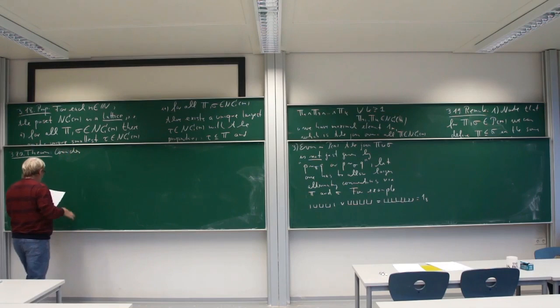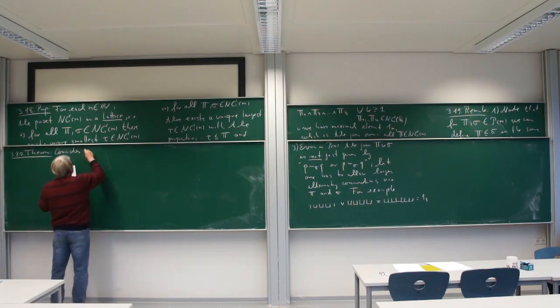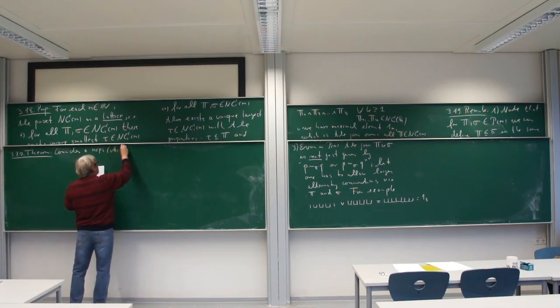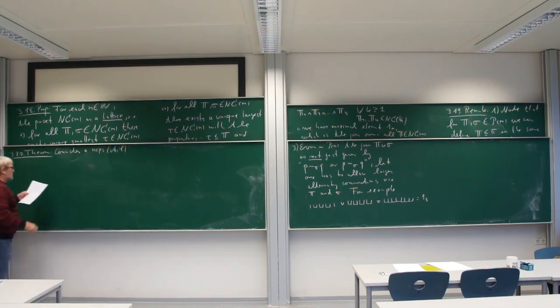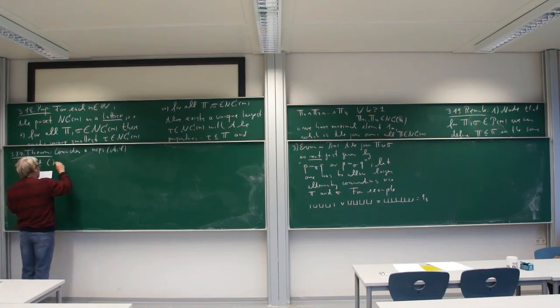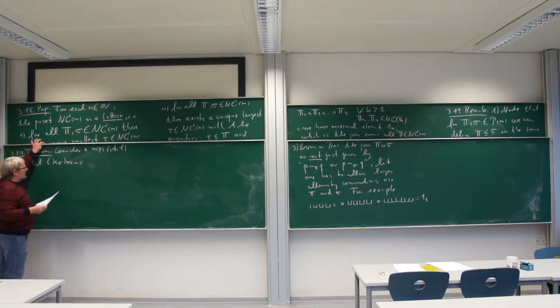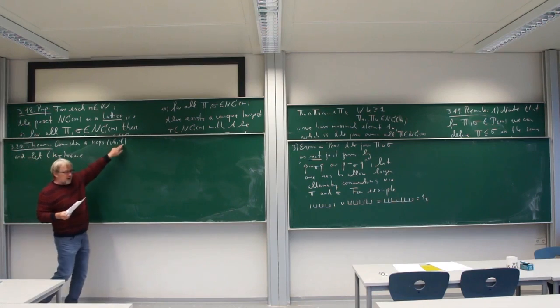Okay, so we consider the situation of a non-commutative probability space with phi, and of course we have corresponding cumulants, and the kappa pi, for non-crossing partitions of an arbitrary number of elements, are defined in terms of the phi.